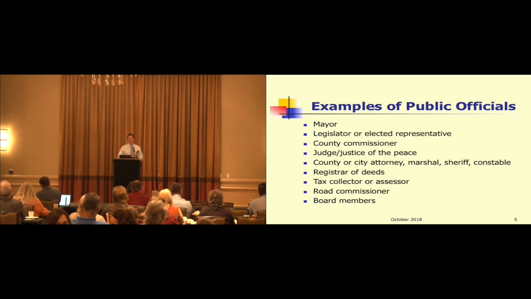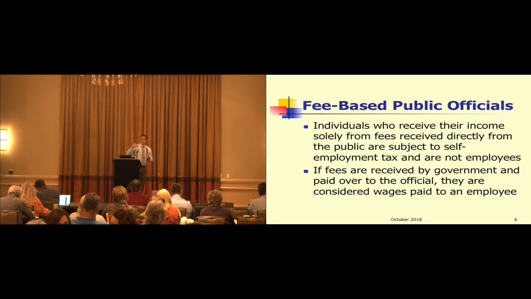When we talk about fee-based officials, the law says individuals who receive their income solely from fees received directly from the public. Here's what generally happens. We have a position in Kentucky called Master Commissioners.